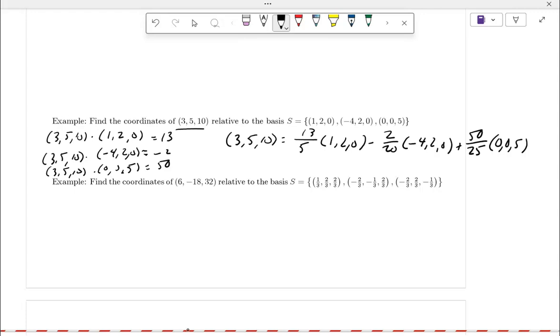So then the coordinates, and remember our notation for coordinates looks like our Euclidean notation. There's 3 basis vectors, so we would have 3 coordinates, the components of that vector, so I'll just reduce it, I mean 13/5, negative 1/10 and 2.